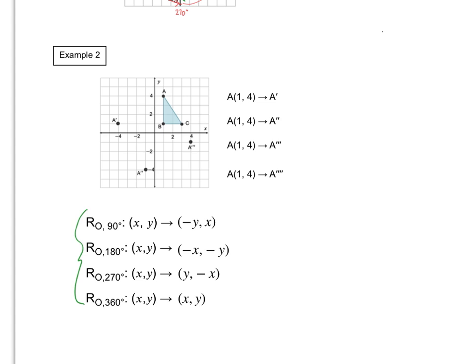As we look at this, and I've put in some of the points here for A, A prime is going to be my first rotation, and as we traveled from there to there, that would be 90 degrees. So A prime is going to be negative 4, 1.